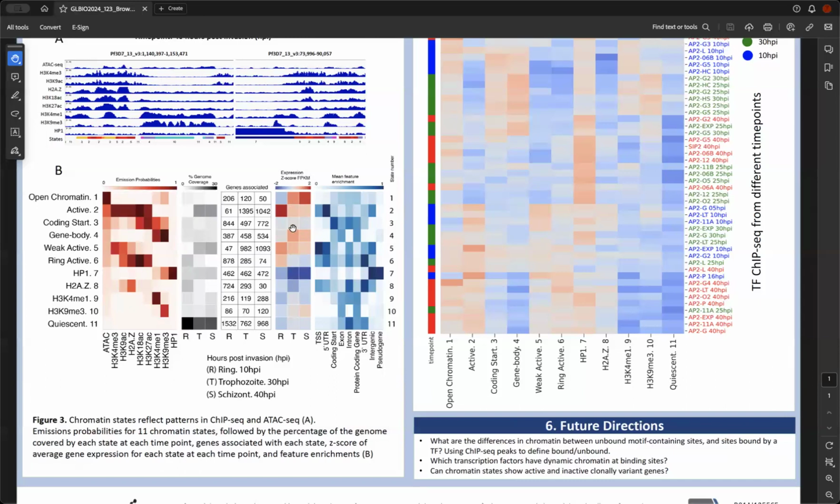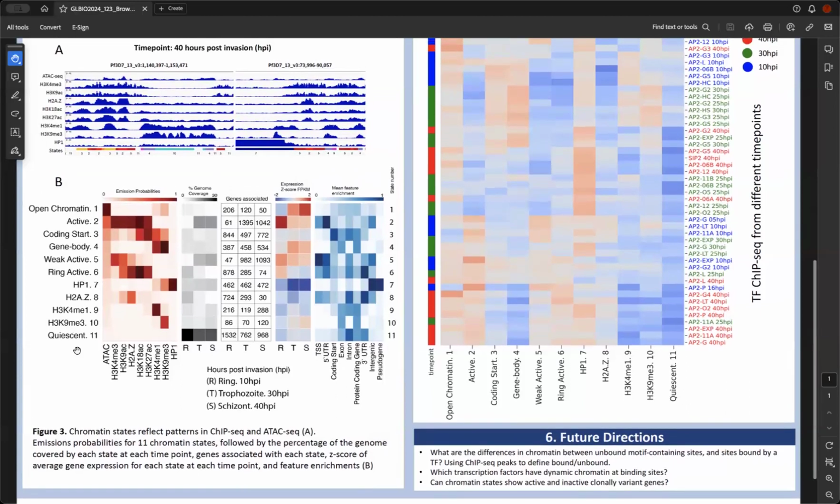So this is gene expression data, the average gene expression for genes where this state is in their transcription start site, and another feature enrichment matrix here showing how these states overlap different parts of the genome. A combination of all of this information is how I named some of these states.